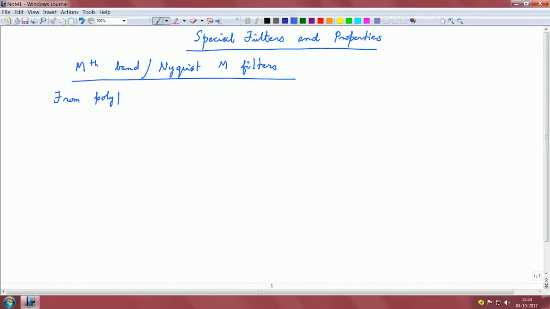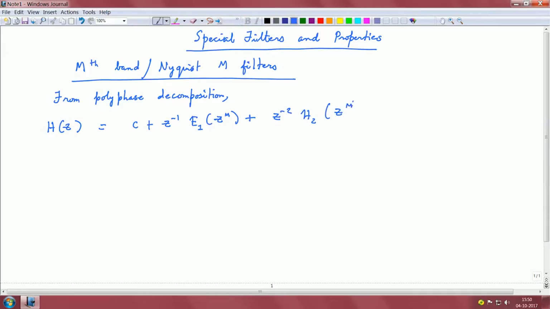So, from polyphase decomposition, we can write the filter h of z as some constant c plus a delay with the first polyphase component z power minus 2 h2 of z power m, so on, m minus 1 units of delay with, I think this must be E1 here.